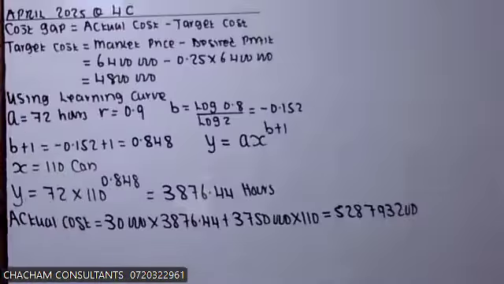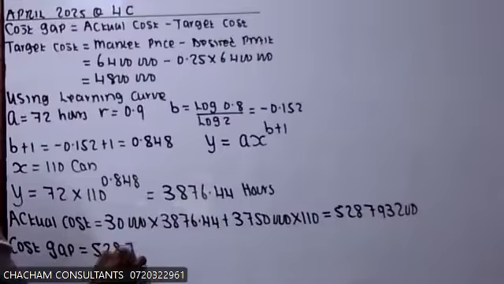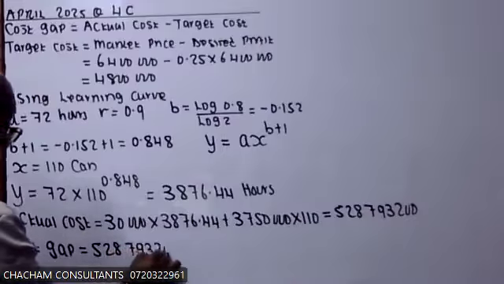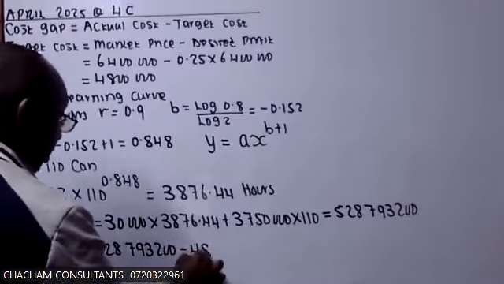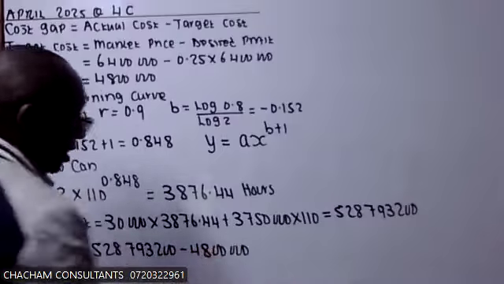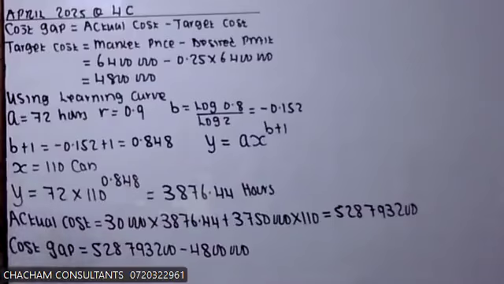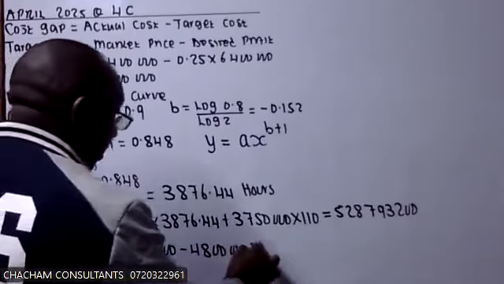So the cost gap for all the cars should be the actual, this 528,793,200, minus this 4,800,000. Remember this one was for one car and we are dealing with 110 cars.